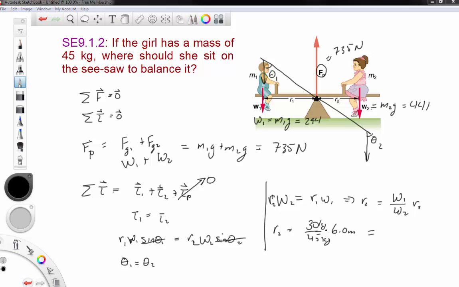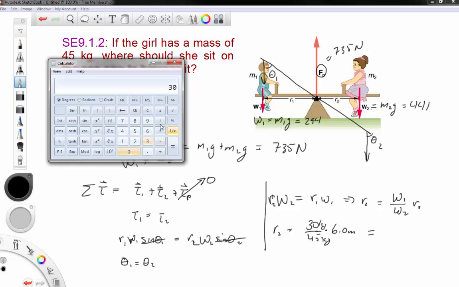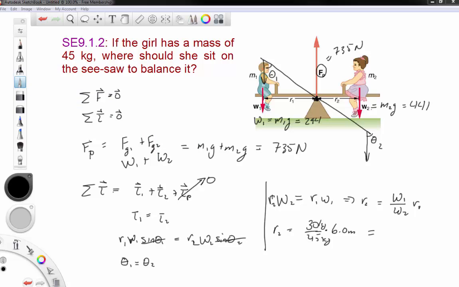And so if you do that ratio, you get 30 over 45, which is 2/3, and then that times 6 should give you 4. So she needs to be sitting 4 meters away from the fulcrum in order for the system to be balanced. This distance right here is 4.0 meters. And then this distance right here, it would be 6.0 meters. Solved.